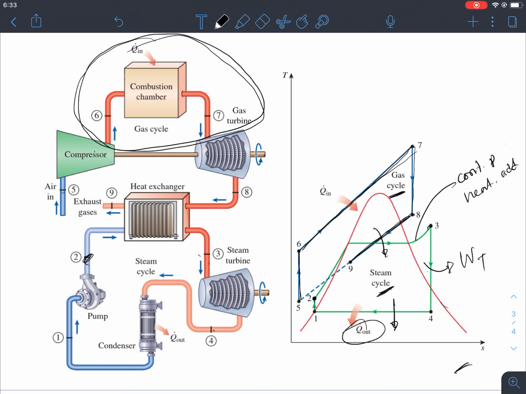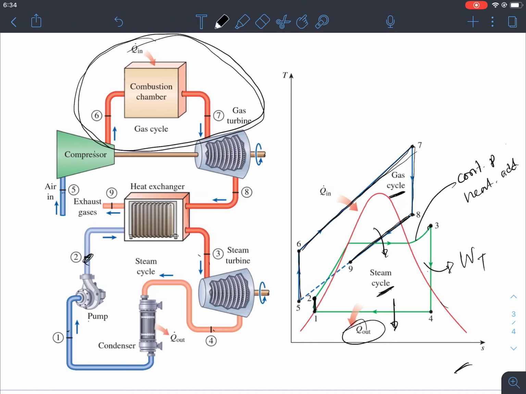And then from the pump, 1 to 2, it's basically again increasing the pressure and temperature slightly, the temperature of the saturated liquid, right? So that's the combined vapor and gas power cycle.